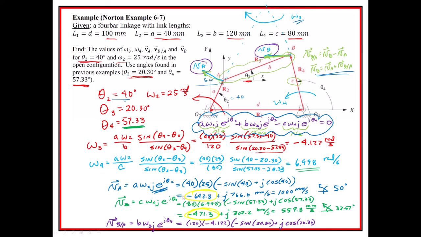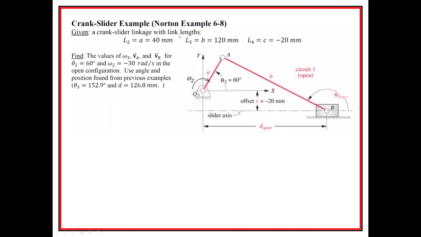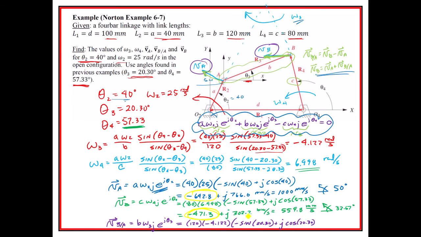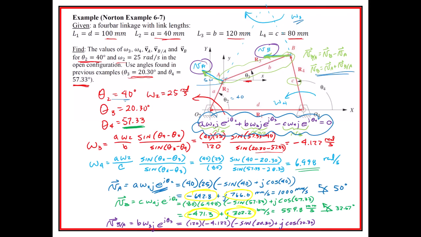And so you see we get negative 471.3 minus 642.8, we would end up with 171.6. And going through, 302.2, and we subtract out 766, we get a negative 463.9. So that just shows trying to tie things together.